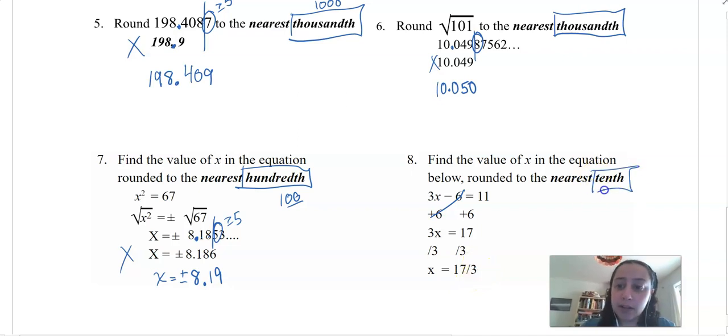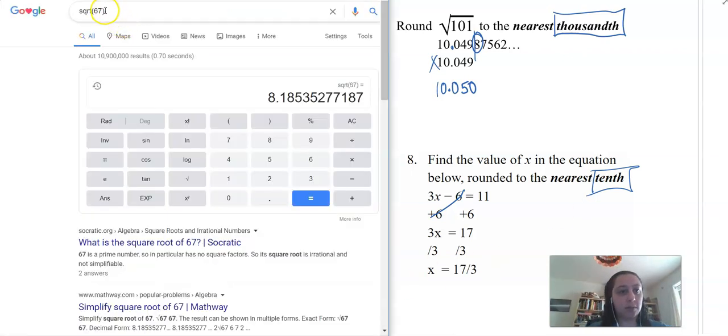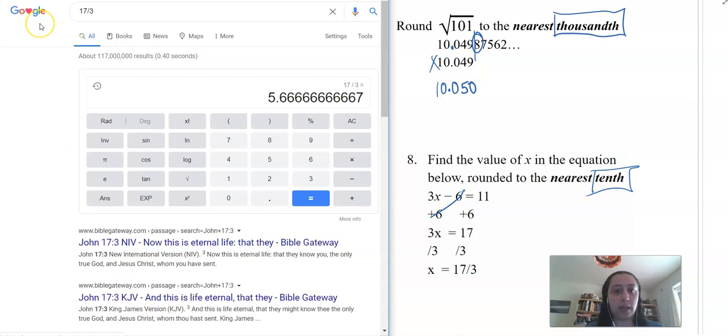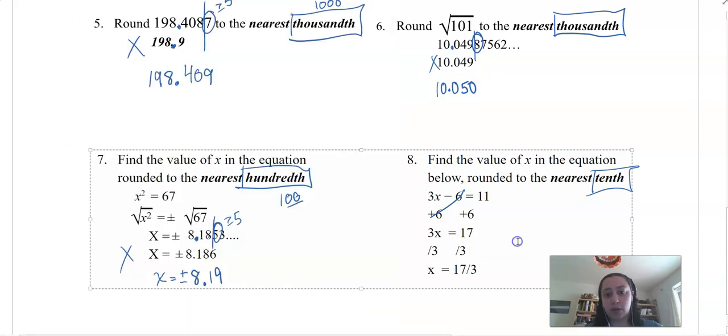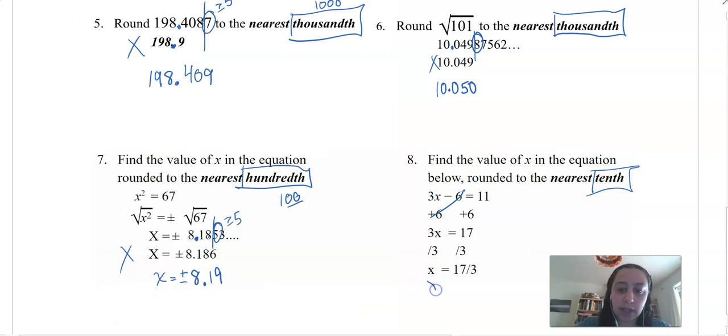However, the question asks to the nearest tenth. So we need to find the decimal number. So if I put this in my calculator or in Google, I get 5.666666666. So we can write that as x equals 5.6666, and it keeps going.